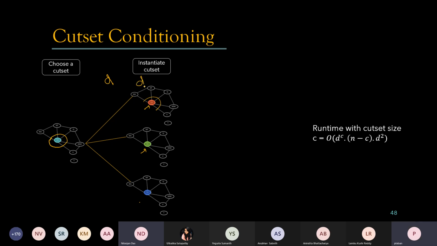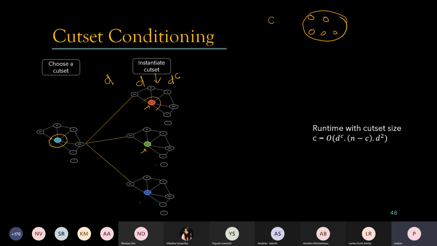Now let's generalize: the cutset that we are deciding is of size C. So instead of only one variable, we have a set of nodes, which is our cutset, and the size of this cutset is C. So what would be the size of this particular layer? D to the power C. All agree with this?